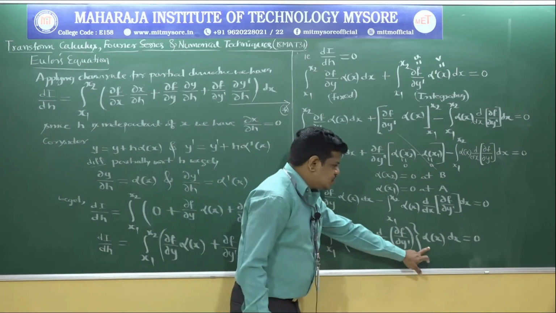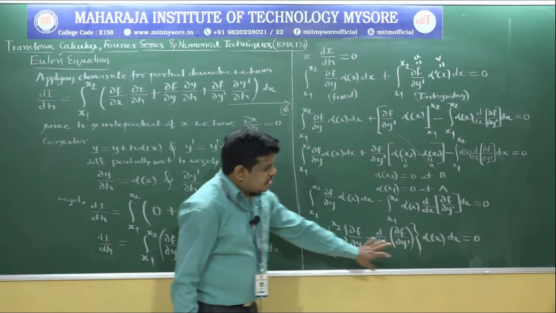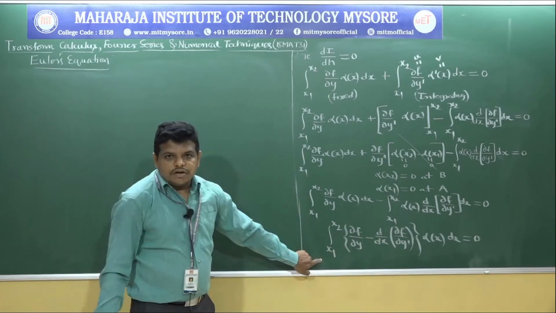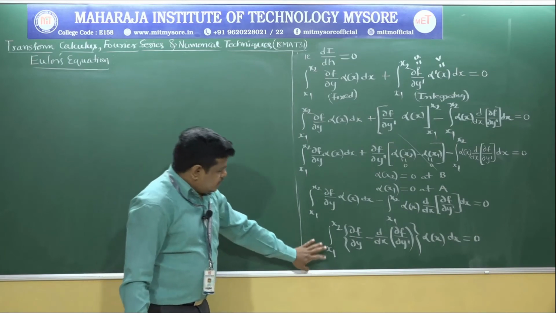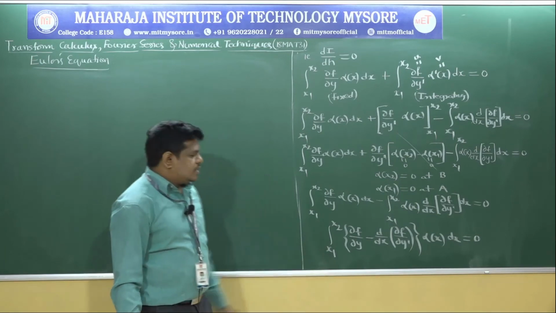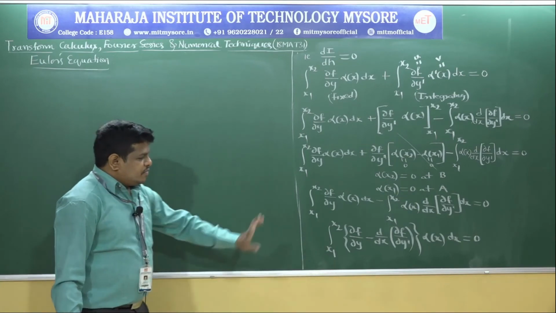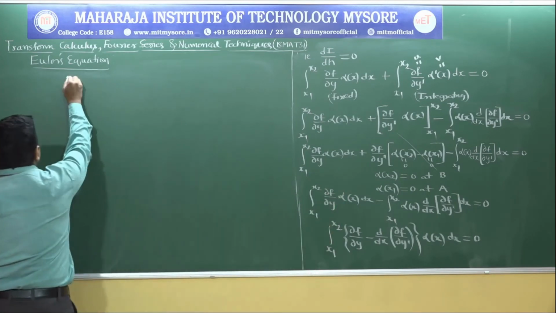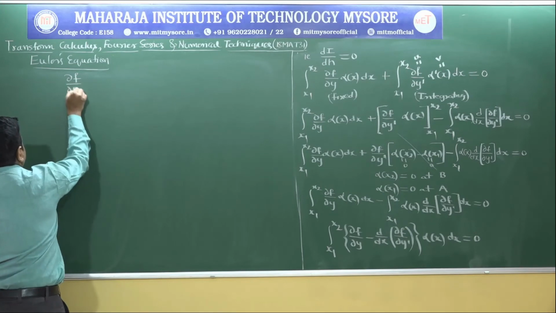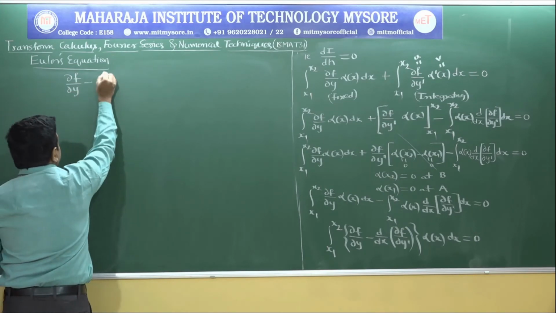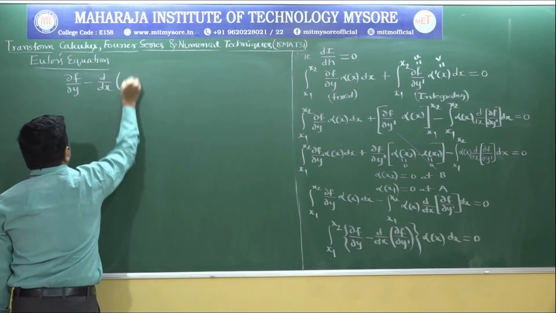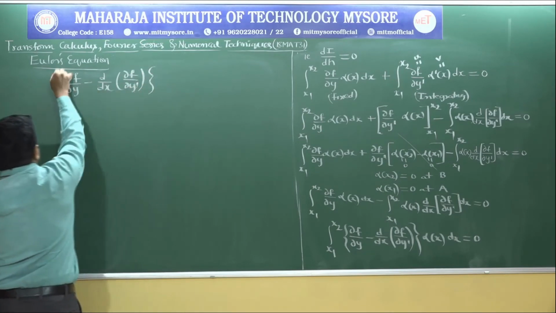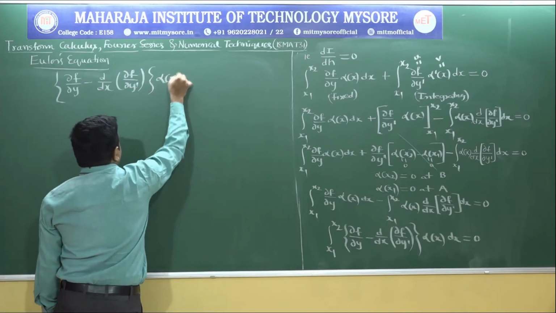Here alpha of x is your arbitrary function and di by dh tends to 0, since h is independent of x. Differentiating both sides with respect to x between the limits x1 and x2, we get ∂f/∂y minus d/dx of ∂f/∂y dash into alpha x equals 0.